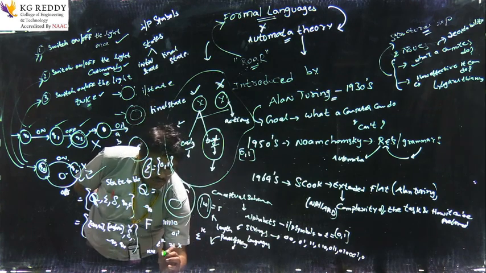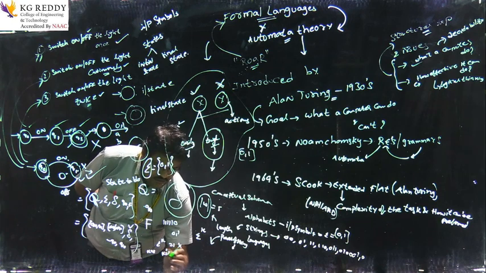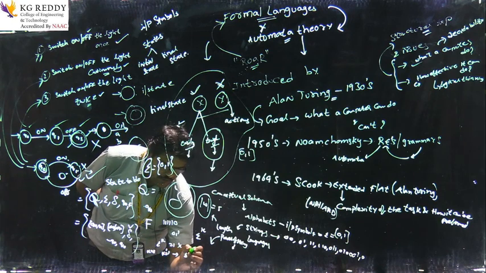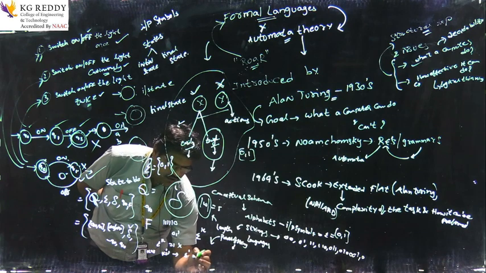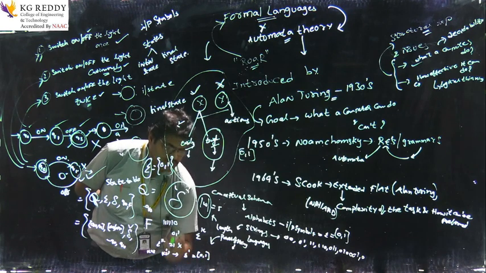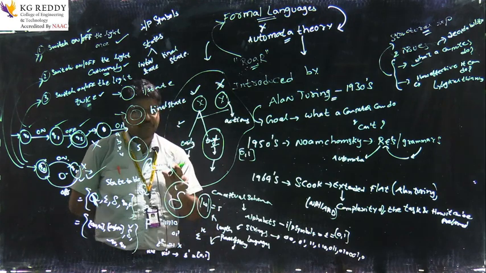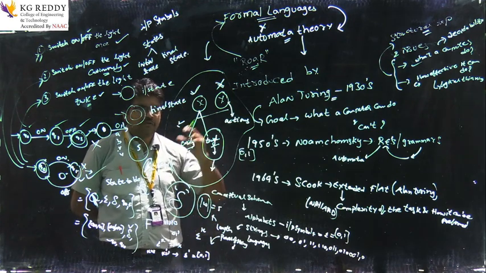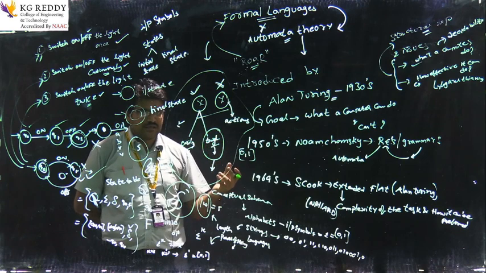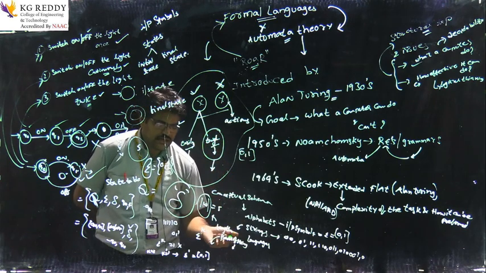If k is equal to 1, then sigma power 1 is nothing but sigma, that is 0, 1. If k is 1, both are the same.